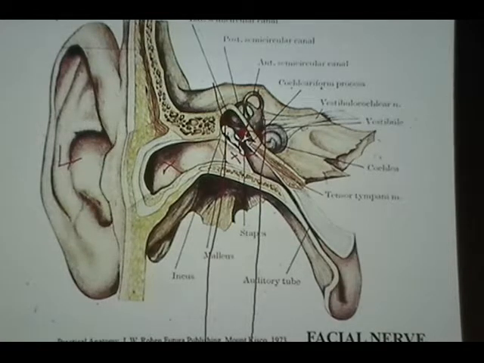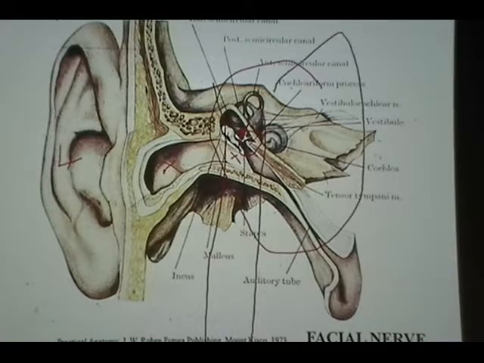But this area here, this is the inner ear, and the inner ear is receiving two cranial nerves, or transmitting two cranial nerves. Cranial nerve number 7, the facial nerve, and cranial nerve number 8, the vestibulocochlear nerve.